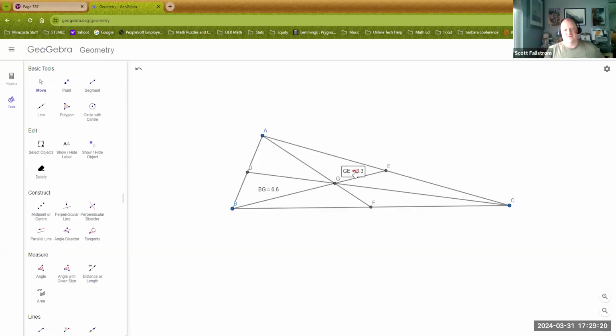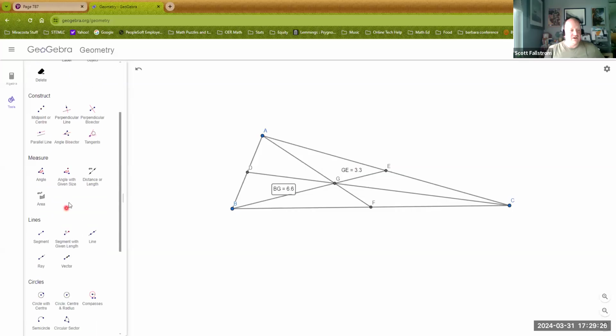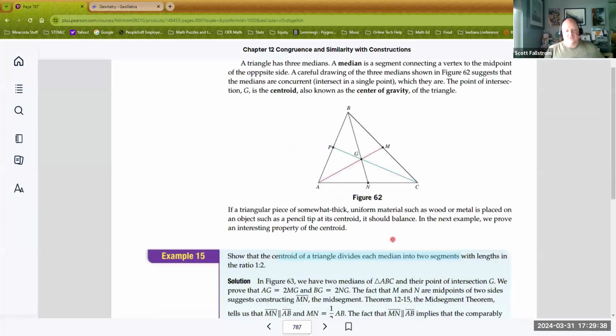So again, GE is right here and BG is right there. And that's true for all of these. If you wanted to measure the others, you certainly could. Let's measure from A to G, and it says 5.4. Then G to F should be 2.7, and it is. So really cool properties here about triangles.